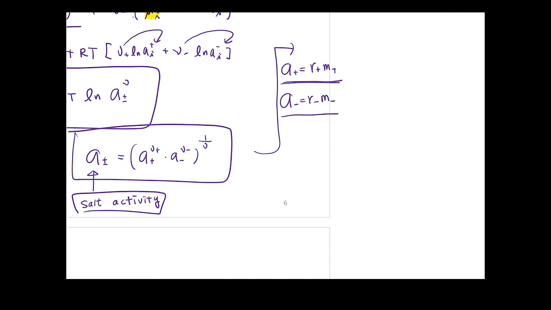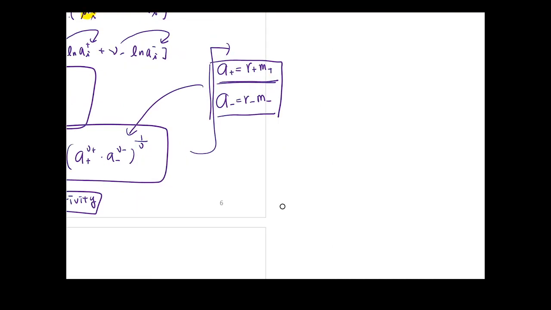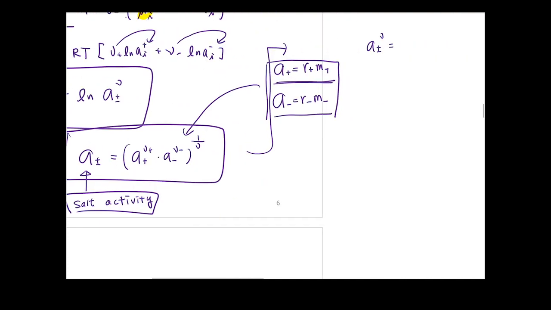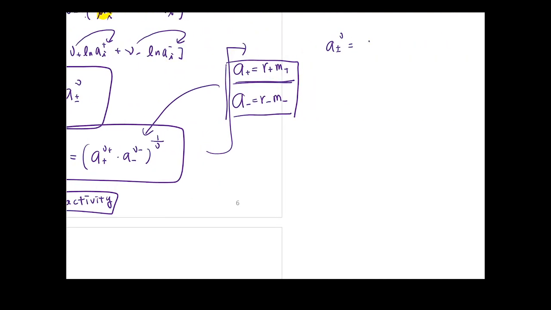So we can put this relationship back into these equations. a plus-minus to the mu's power equals, I'm going to start from here: a plus will be gamma plus m plus, the whole thing raised to the mu plus power, and a minus will be gamma minus m minus raised to the mu minus power.